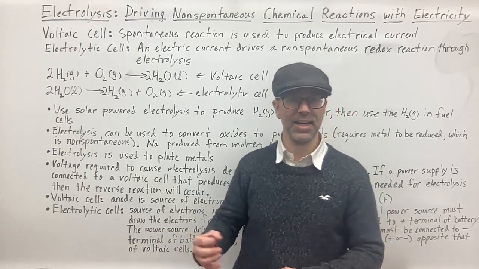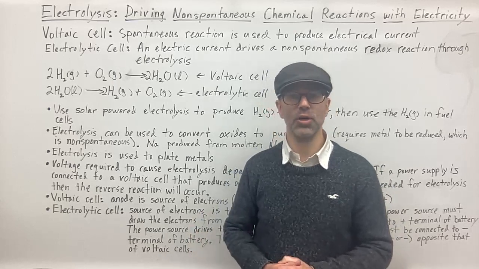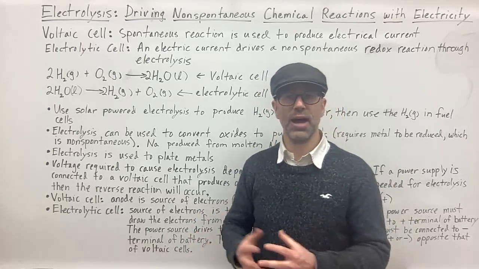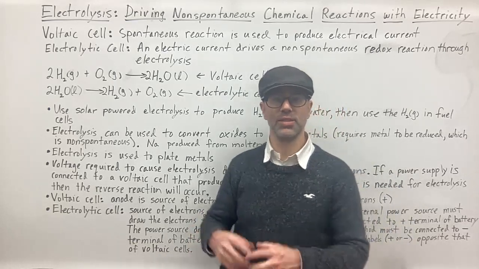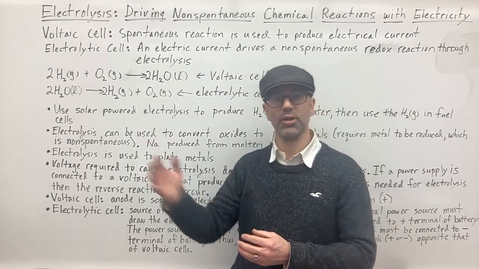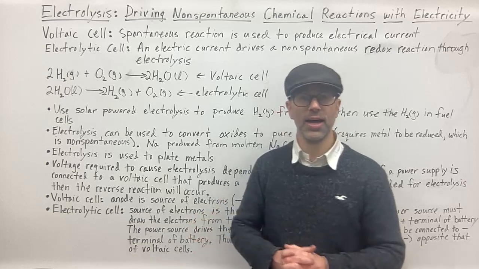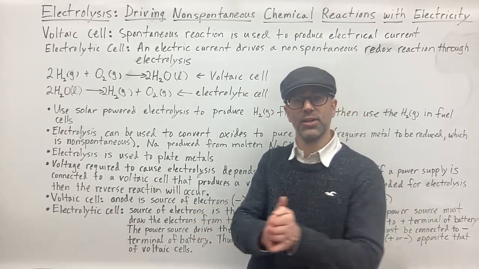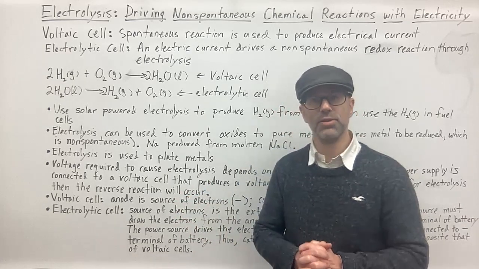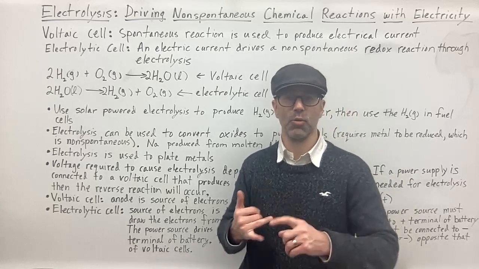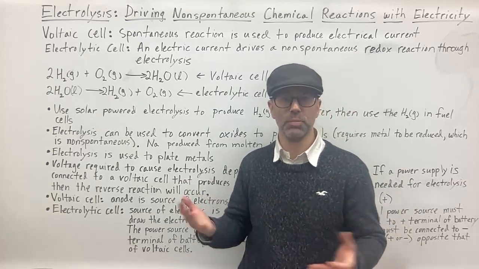So you can have an anode that is made out of silver, and then at the anode you have oxidation occurring so that the silver atoms are going to give off their electrons. That's then going to provide the silver ions. Those silver ions then can travel to the cathode, which is going to be your ring or whatever it is you want to plate. It could be a spoon.